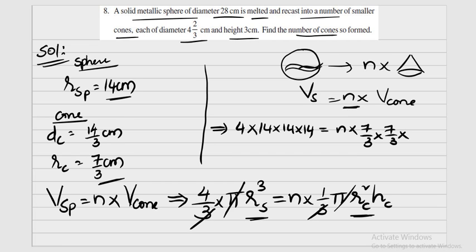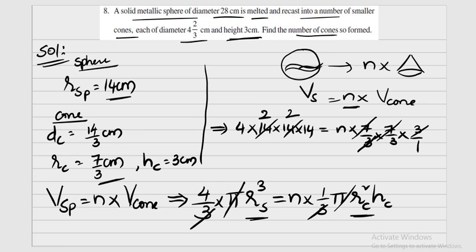What is the height of cone given? Height of cone is given as 3 centimeters. If I substitute here, this becomes 3 by 1. So the 3s get cancelled. Now the 7s and 7 are here, so I can cancel 2 times, and the 14 I can cancel 2 times, right?